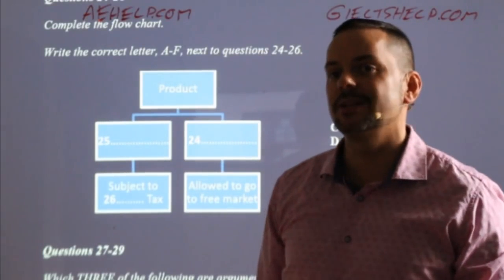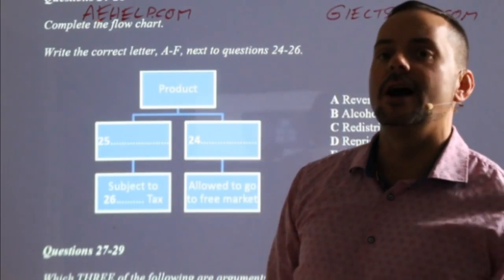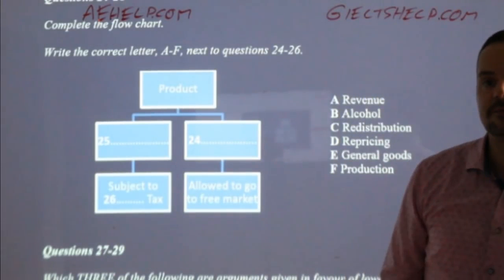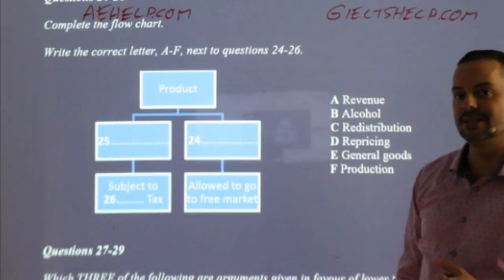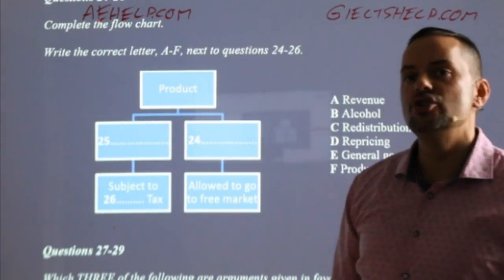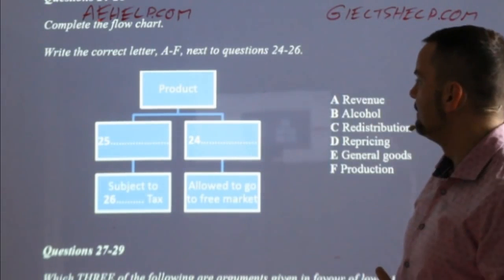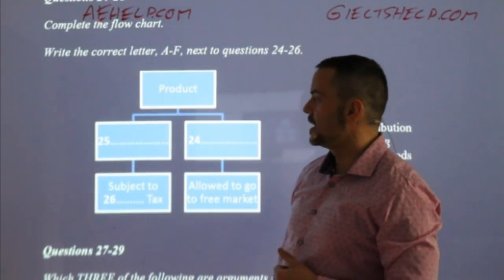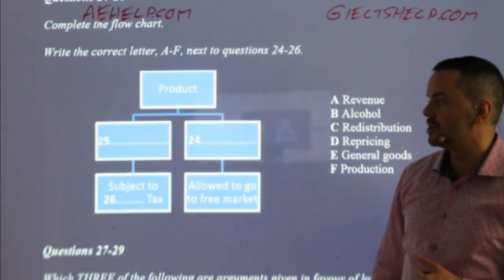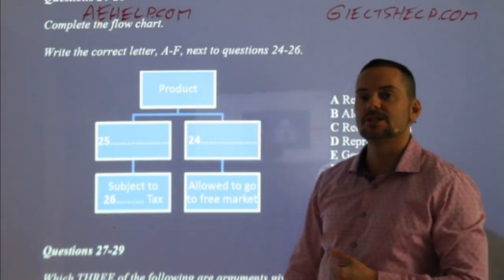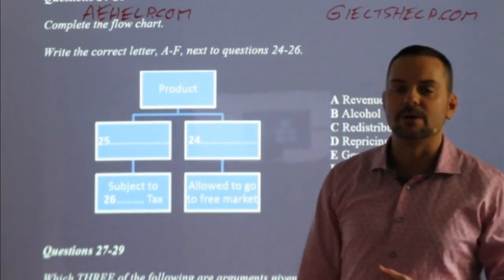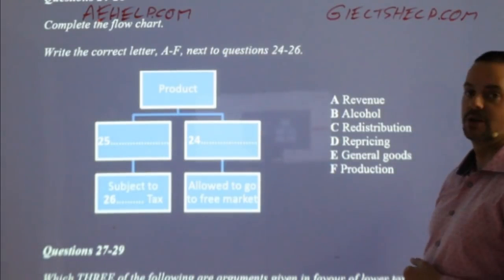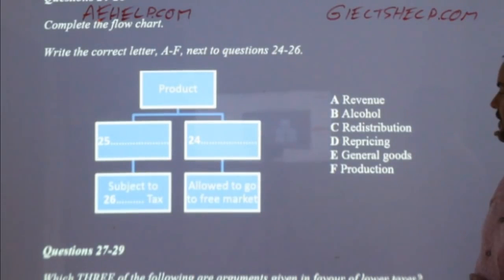Elise says it's showing a tax scheme. Amiel Raphael says is it subject to a repricing tax or not? Right. So this flowchart is showing products that are subject to repricing versus products that are not. So repricing of certain products is the correct answer, Farhan, but very, very close.